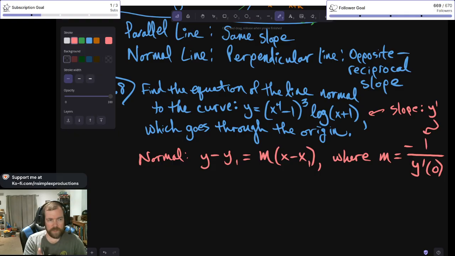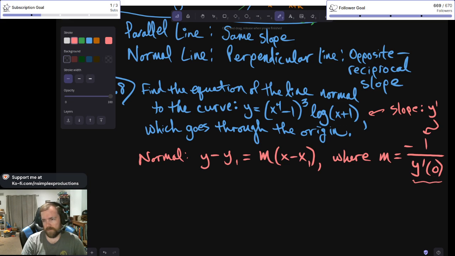The slope of that particular curve is y prime at any particular point, at 0, 0 for x and y.